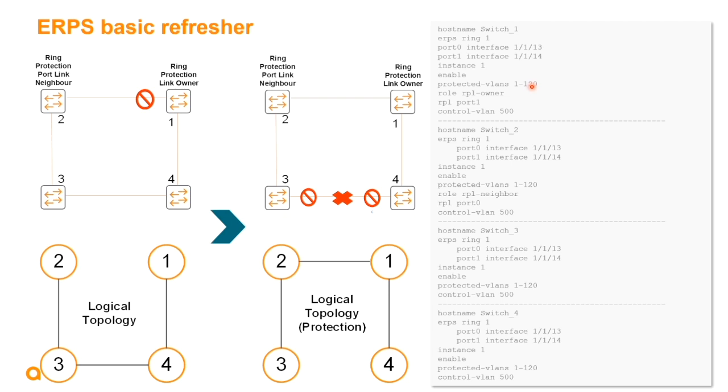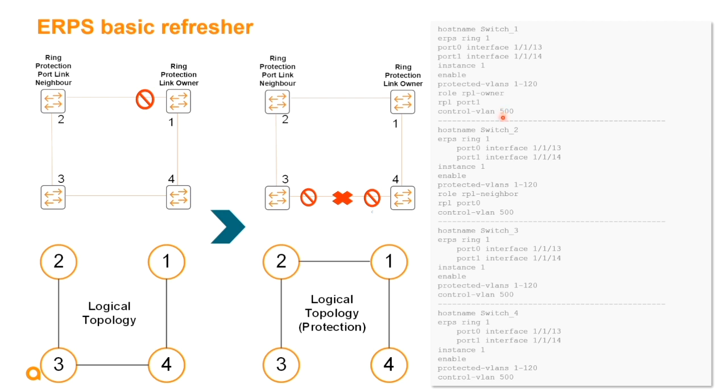So these are protected VLANs, and we have to define an RPL owner, and this will be switch 1 in this case. And then we also have an RPL port, and we have something called a control VLAN, which messaging is carried over on the ERPS fabric effectively.